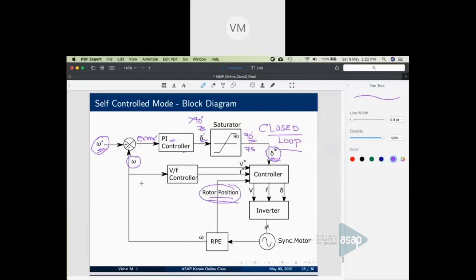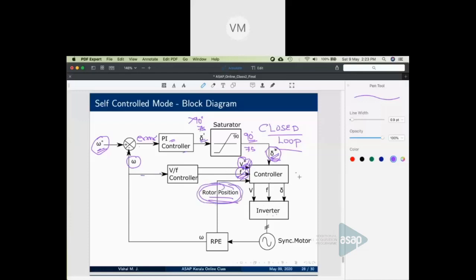Now the same speed is used as the feedback. As I said, the speed is sensed, the frequency is extracted, and that is used as the frequency command to the V by F controller. Once we know the frequency, we can find V so that V by F remains constant. So we have your frequency command, your voltage command, as well as your delta command. Now it's very easy for the inverter to synthesize this voltage at this frequency, at this phase, with respect to this rotor position.